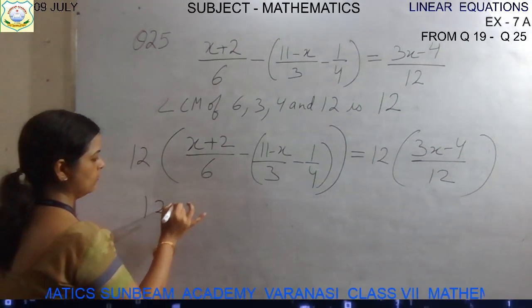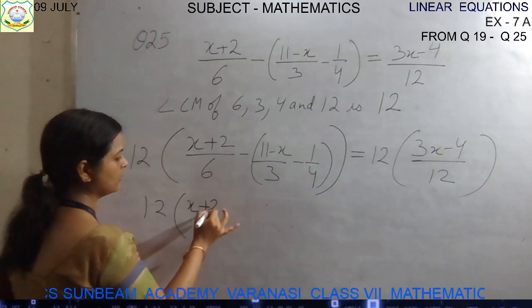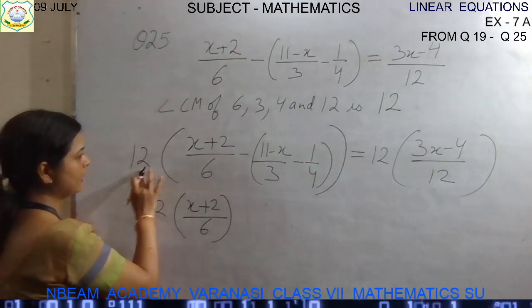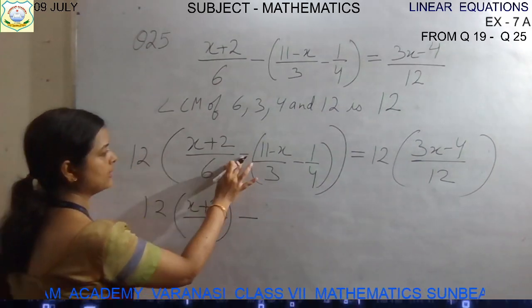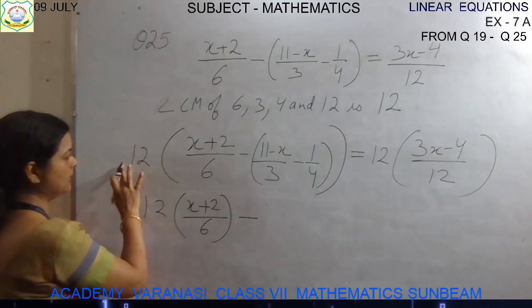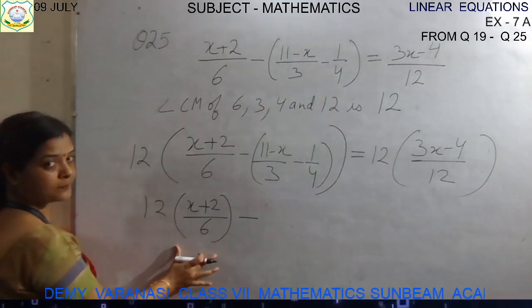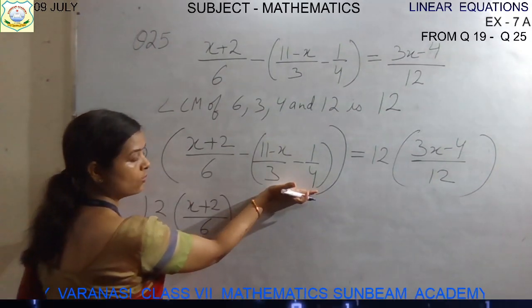12 will multiply with (x + 2)/6. So keep it in a bracket, children. 12 times (x + 2)/6. Then 12 will come here. Minus, plus, minus, minus. Plus, plus, plus. 12 into the whole bracket.